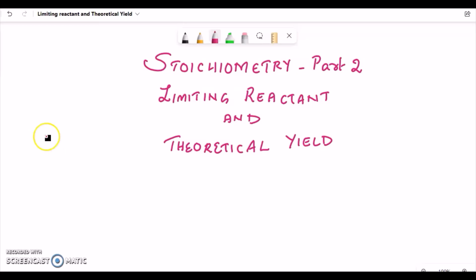Usually when we have a chemical reaction being done, we do not measure out all the reactants in exact mole ratios. We always mix certain grams or certain volumes of the reactants and the reaction is done.